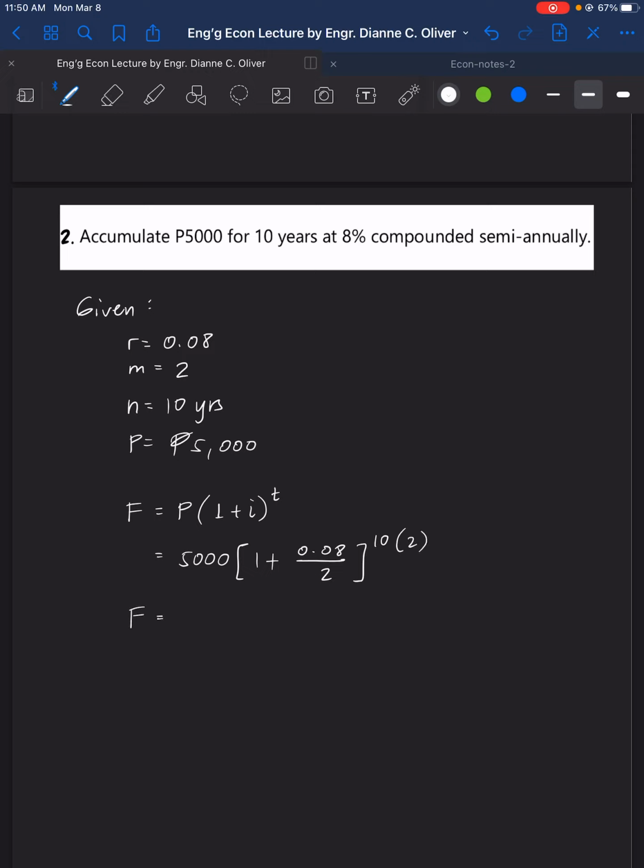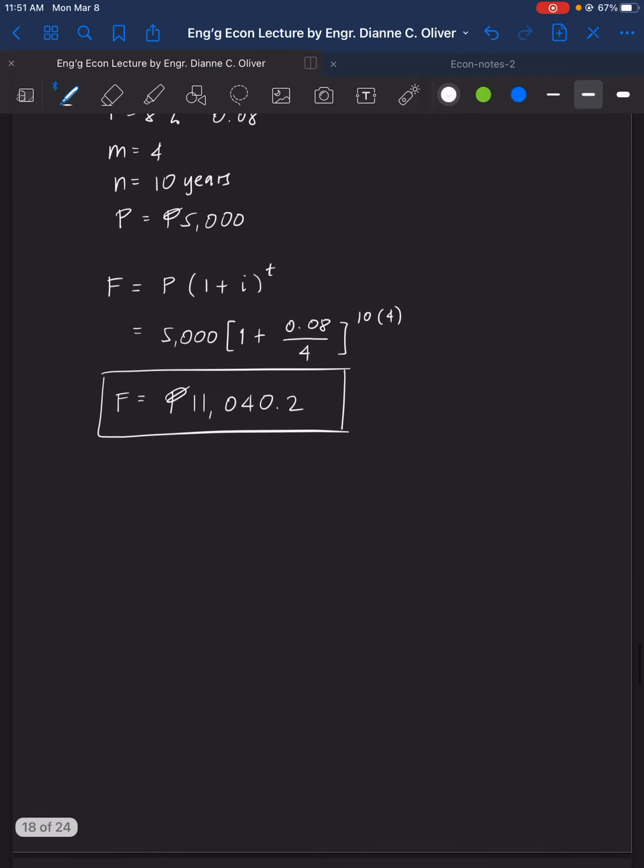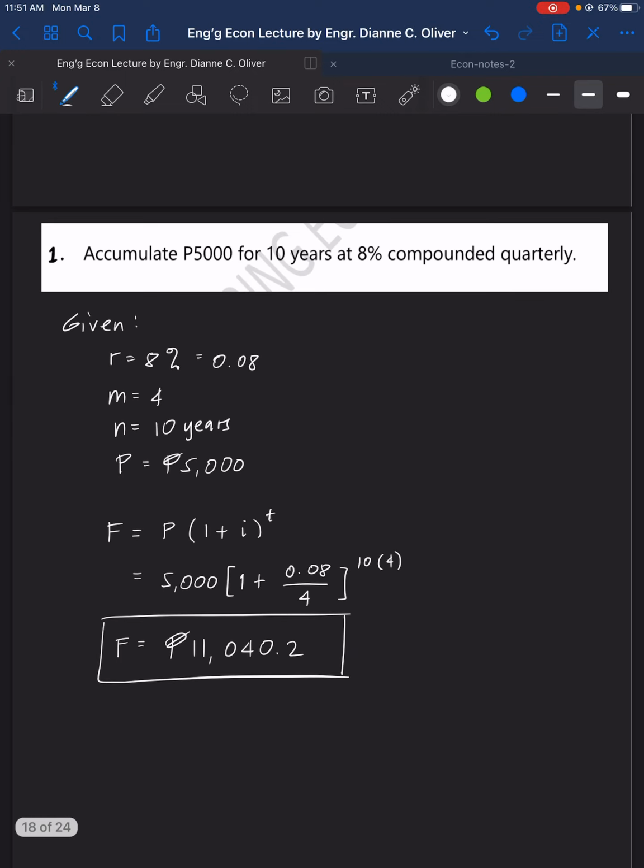So the future worth is now equal to 10,955.62 pesos. The question here is, which will have a larger future worth? The larger amount here is the compounded quarterly.